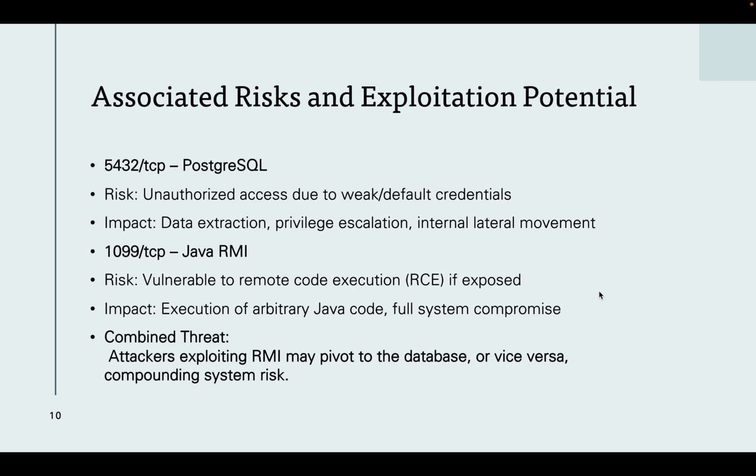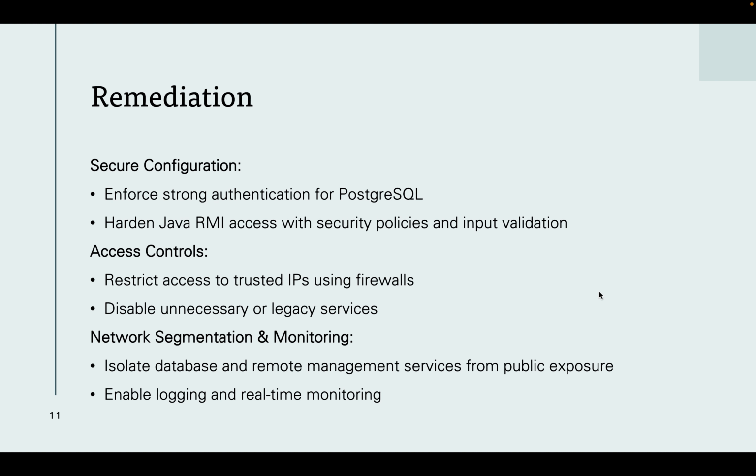With 1099, the risk is that it is vulnerable to remote code execution. If exposed, the impact is execution of arbitrary Java code, resulting in full system compromise. And then a combined threat: attackers exploiting RMI may pivot to the database or vice versa, compounding system risk.